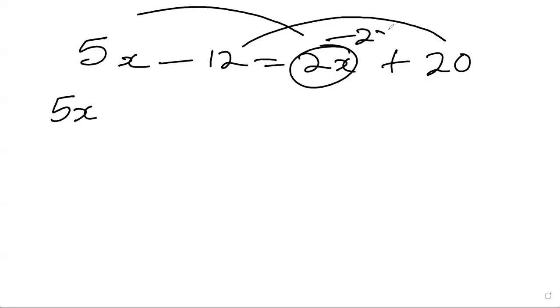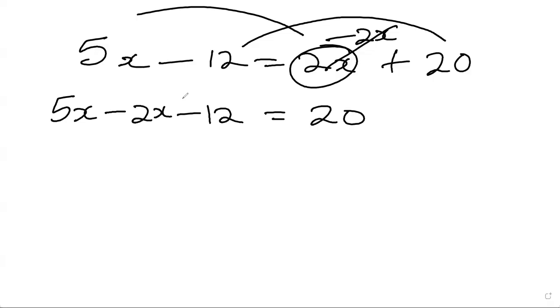Since it's positive, subtract 2x from both sides. So anything you do to one side, you have to do it to the next side. So guess what, guys? We still have the minus 12 over here. We need to get rid of this minus 12 because we want x by itself. So because this is minus, we plus 12. Anything we do to one side, we do to the next side.